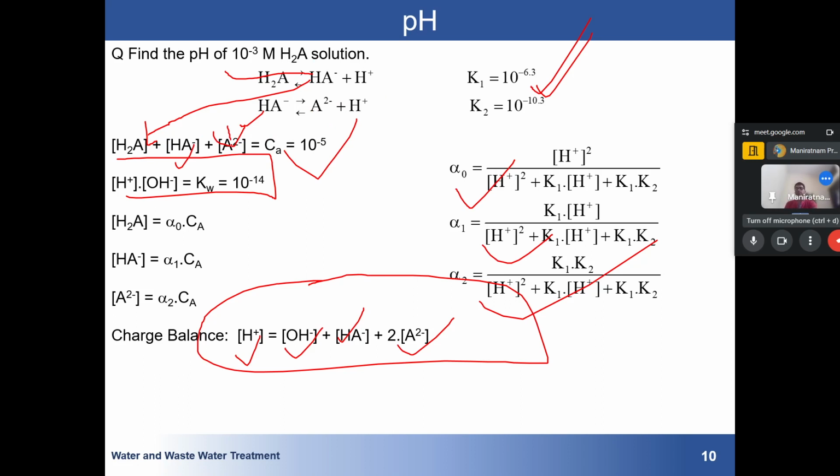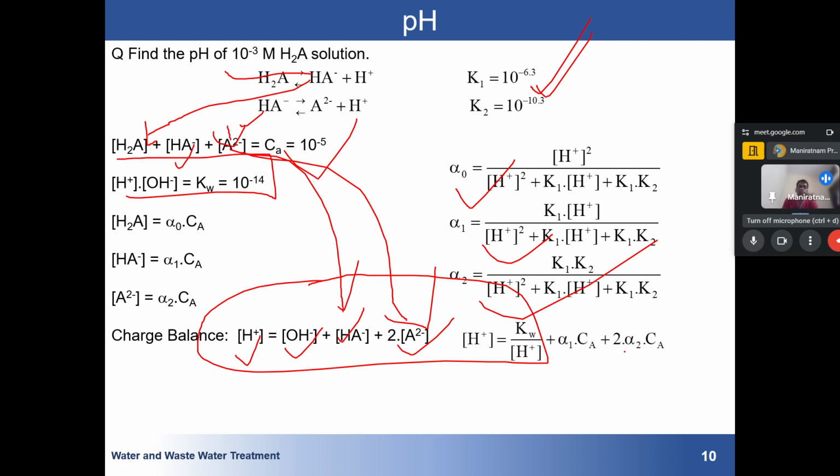So you put in all these values, and whatever value you get, you substitute here for HA minus. And similarly for A2 minus, you can substitute whatever value you get from here. Okay, so this is a very simple thing, it is just mathematics. There is no chemistry, no environmental thing related here.